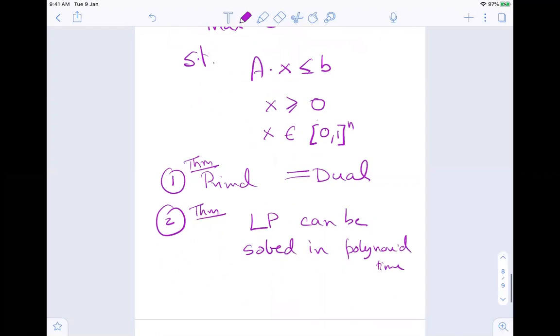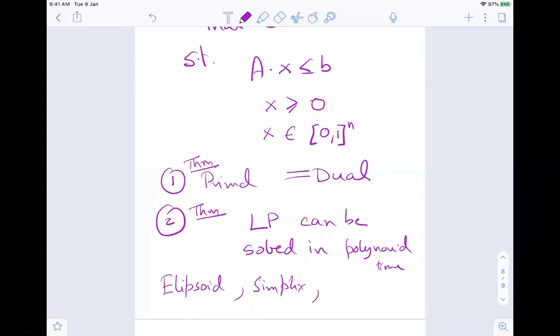I don't know whether you have heard of it or not, but this was one of the big results in the 60s, with a collection of results. And it's still a major area, with the ellipsoid algorithm. Before the ellipsoid algorithm, there was something called the simplex algorithm. Then there is an Indian researcher called Karmarkar, who came up with an algorithm called the interior point method.